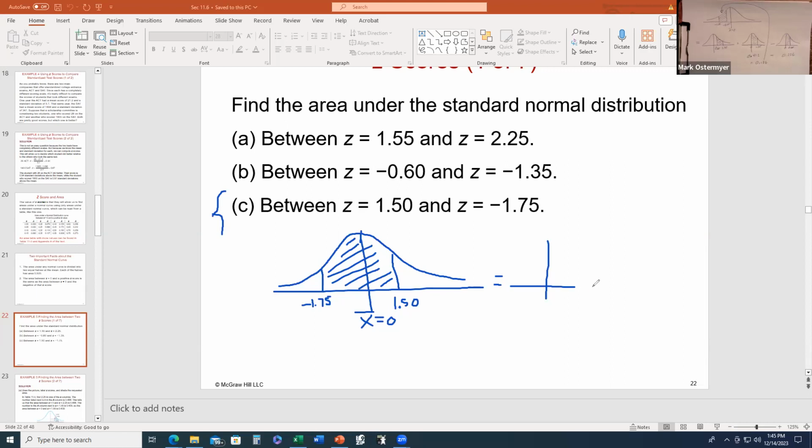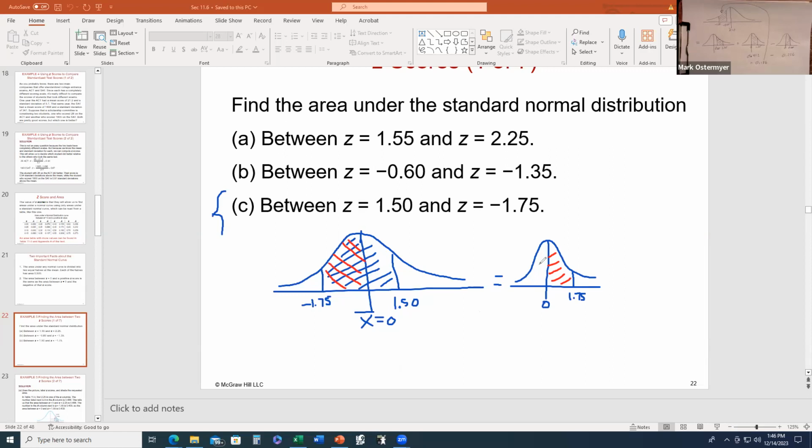First, you might want to find this area here, from 0 up to positive 1.75. This area, ladies and gentlemen, right here, is equivalent to this area right here by symmetry. Isn't that true? By symmetry.